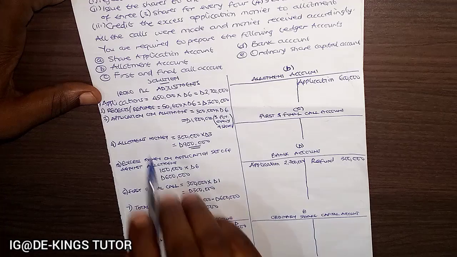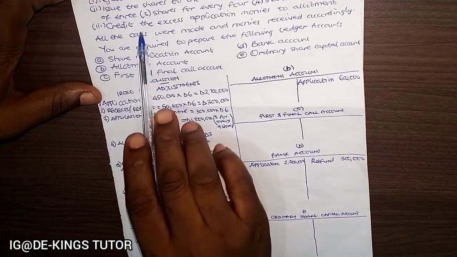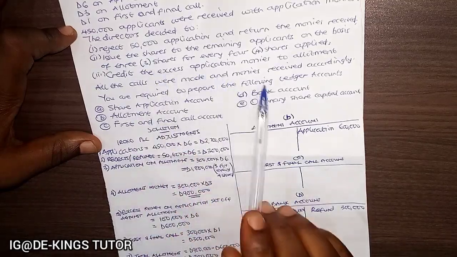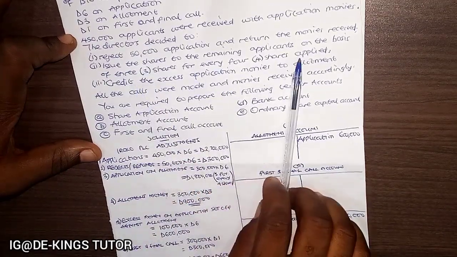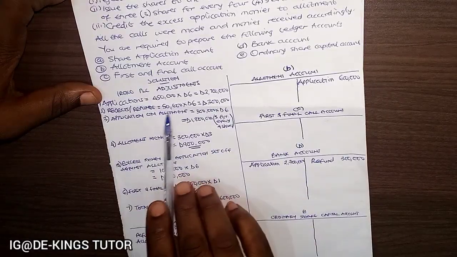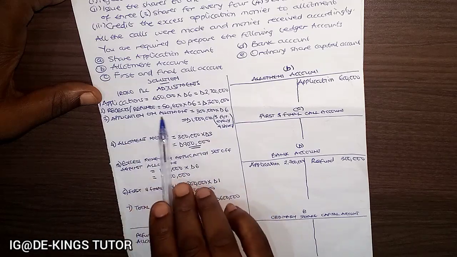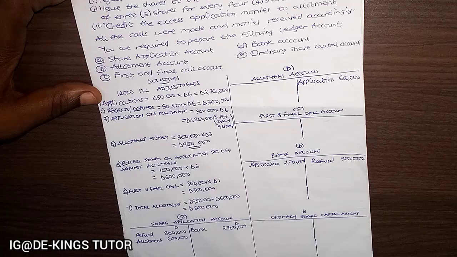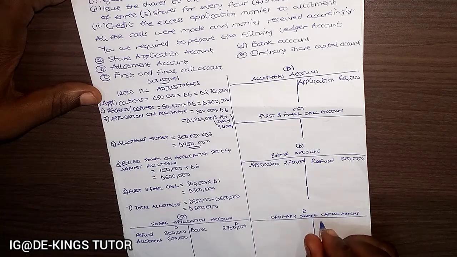So the next one, I said issue the shares to the remaining applicants on the basis of 3 shares for every 4 shares applied. So that is application on allotment. So they allotted the shares now. So allotment of shares will not be on application; that's ordinary share capital.